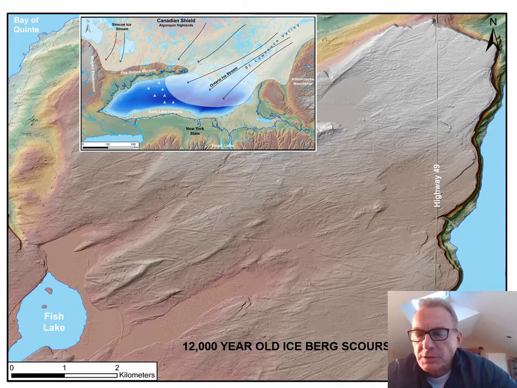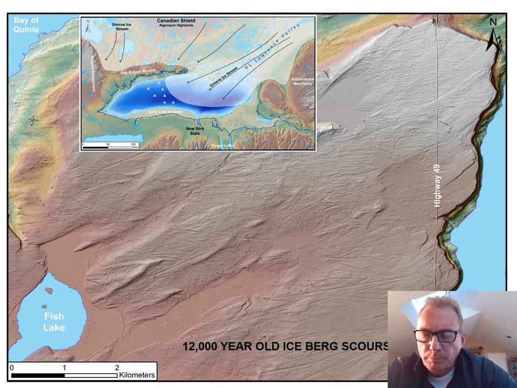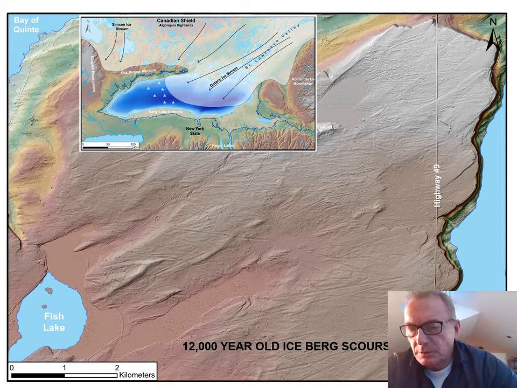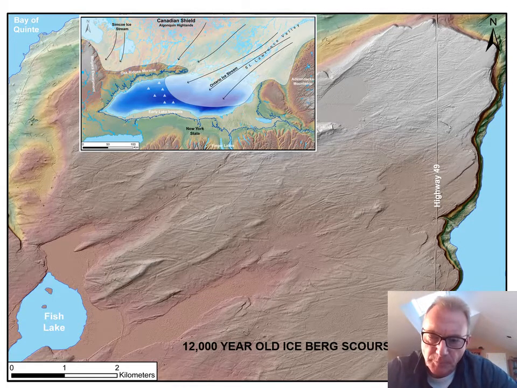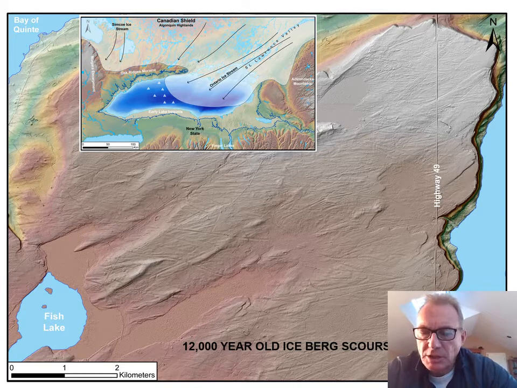So this is what we see exposed on the former floor of glacial Lake Iroquois, a whole bunch of iceberg scours, icebergs that are floating, and they are pushed by wind or currents into shallower water areas, and they scour the subsurface. So if you go up to Canada's Arctic, up to the Beaufort Sea, that's what the modern sea floor looks like as a result of scour by seasonal pack ice and so on.